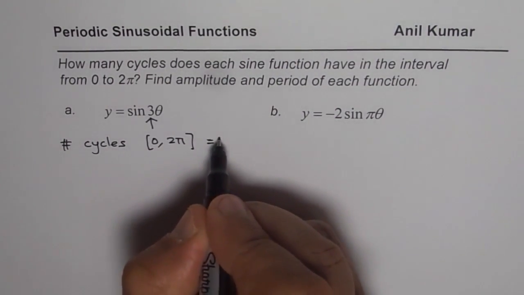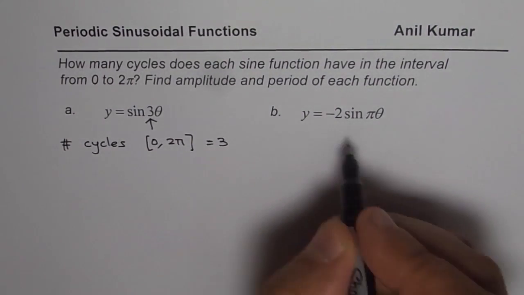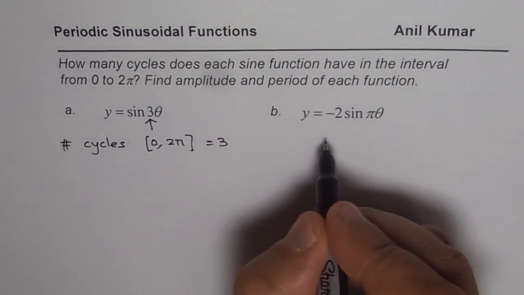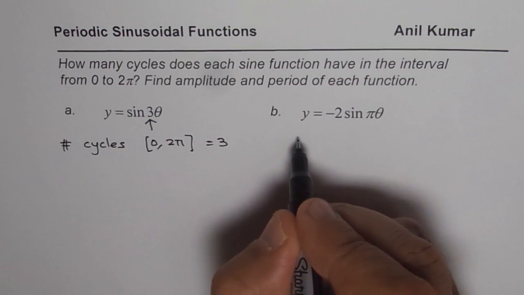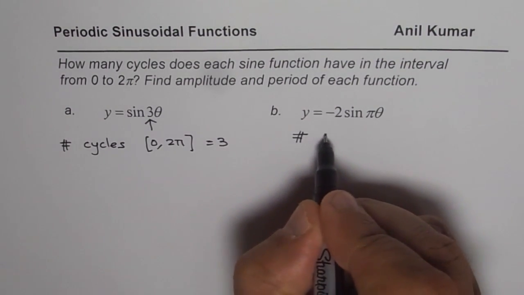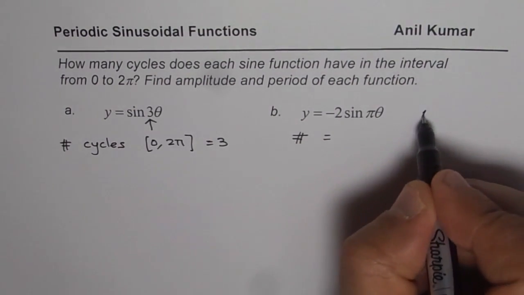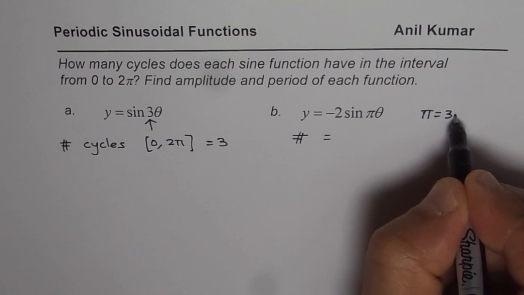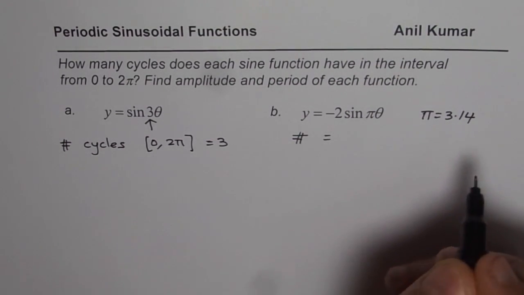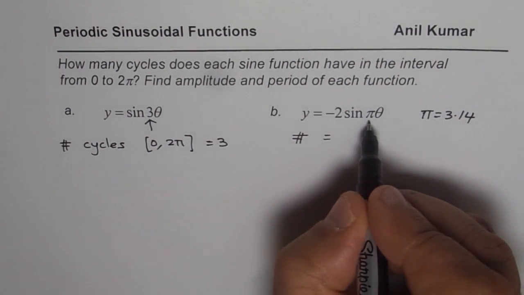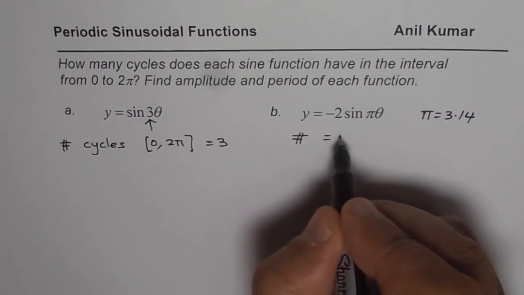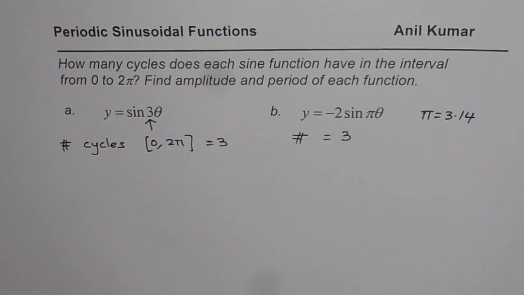In this particular case also, the number of cycles will be equal to pi. Now pi is 3.14, and therefore the full cycles will be just 3 here also, right? So this number gives you the number of cycles.